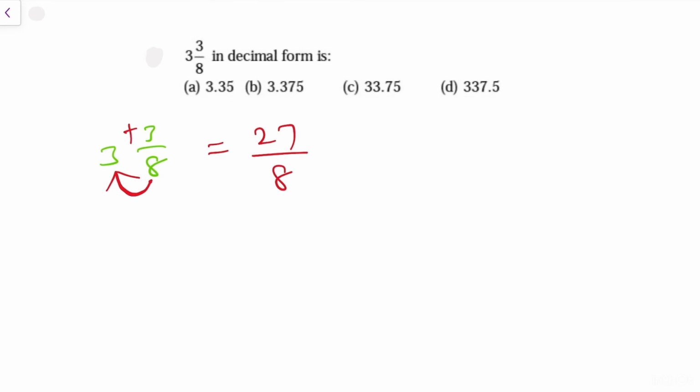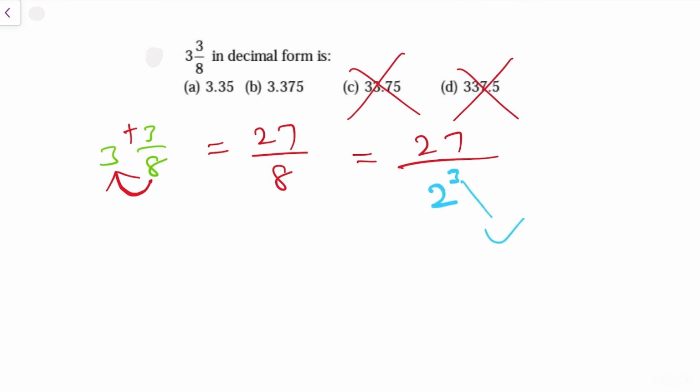Now we need to divide 27 by 8. 27 by 8 won't be 3.37 and won't be 3.3 also, so the answer will be from these two only. Then how will we check which one is the correct one? Let us check here. 8 can be written as 2 cube, so here the power is 3. It means after the decimal 3 digits should be there. So answer B is the correct one. 3.375 is the answer.